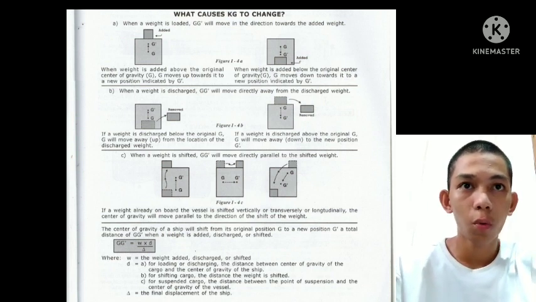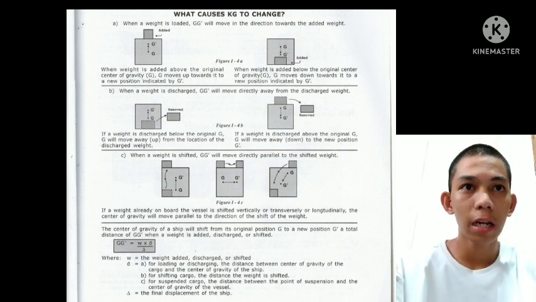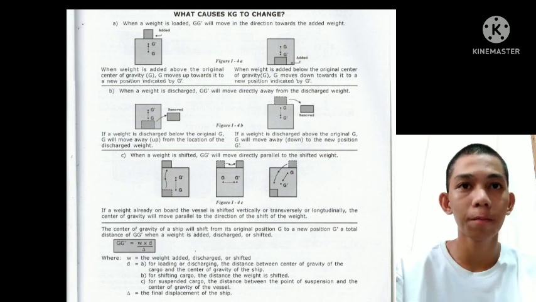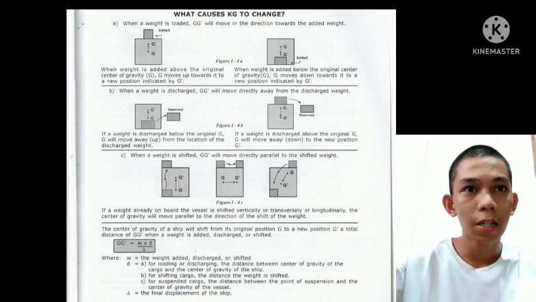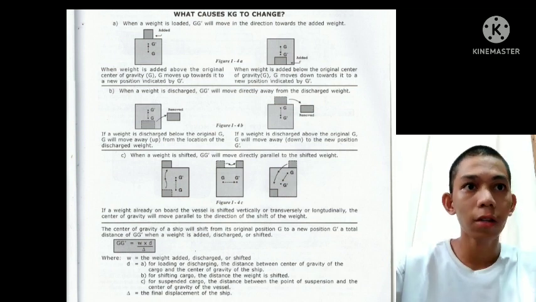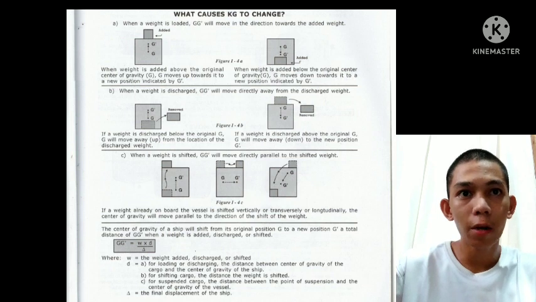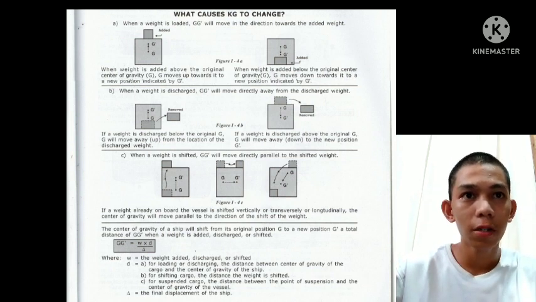C, when a weight is shifted, G will move directly parallel to the shifted weight. If a weight already on board the vessel is shifted vertically, transversely, or longitudinally, the center of gravity will move parallel to the direction of the shift of the weight.